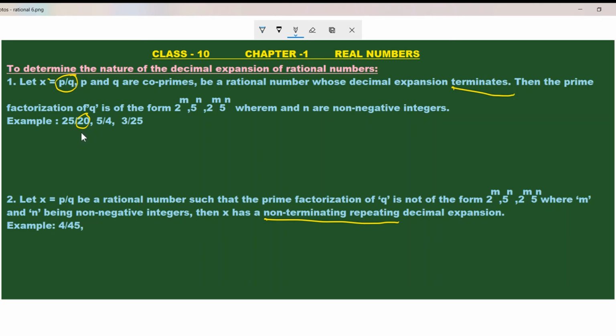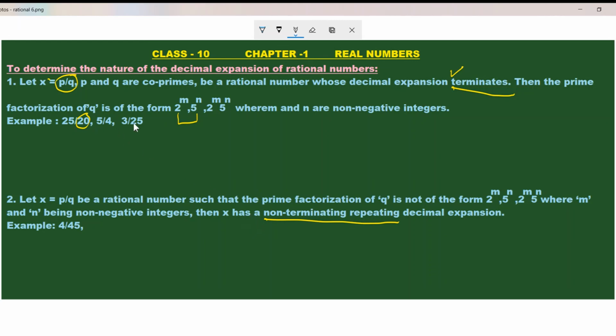If that q is a multiple of only 2 and 5, then the given number is terminating. If the q is a multiple of any other number rather than 2 and 5, then the given rational number is non-terminating repeating. Let's see.